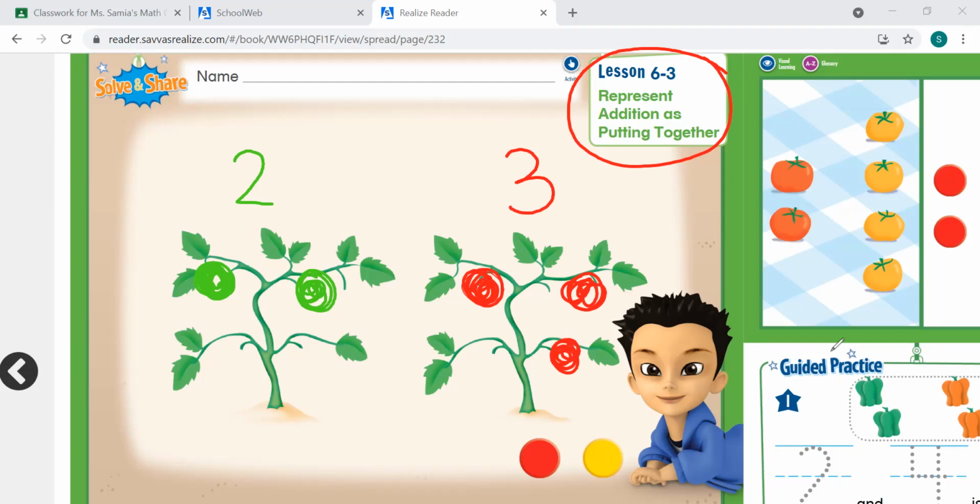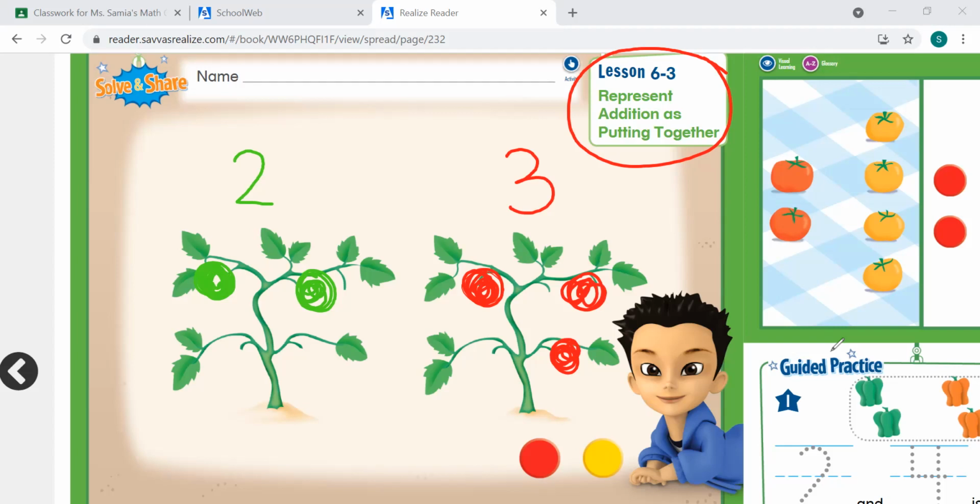Now we want to know how many in all. So we have two groups of tomatoes, and we want to put them together so that we can figure out how many in all. So we have our two counters showing two green tomatoes, and we have three counters showing our three red tomatoes.